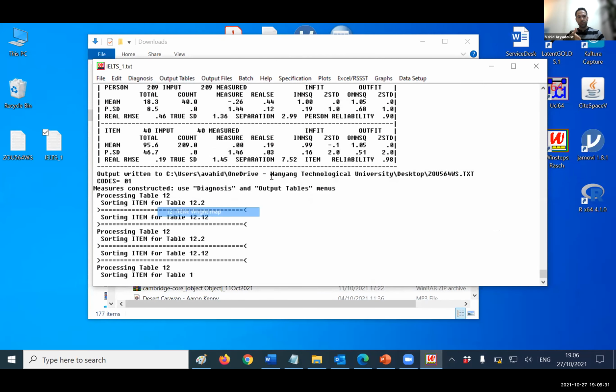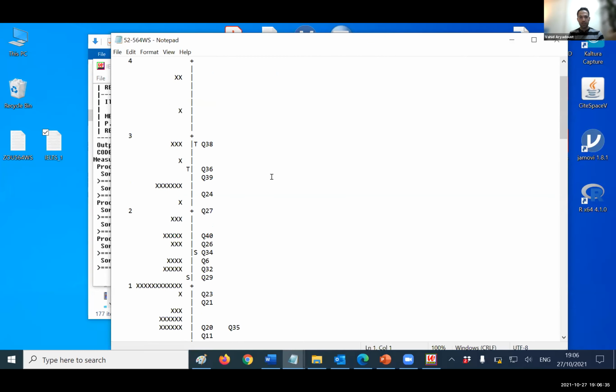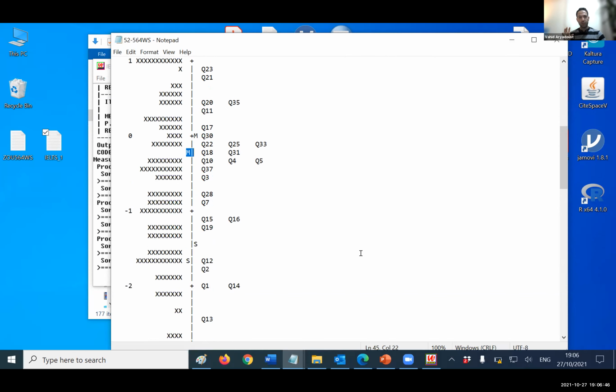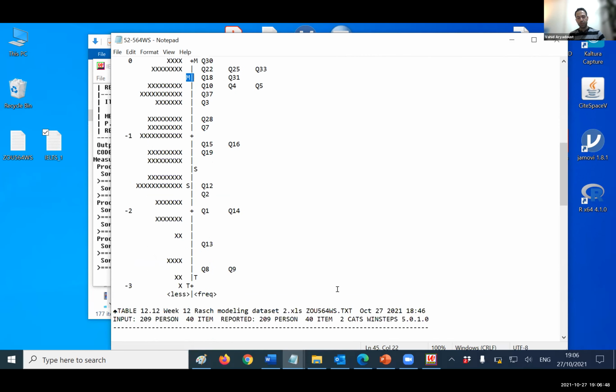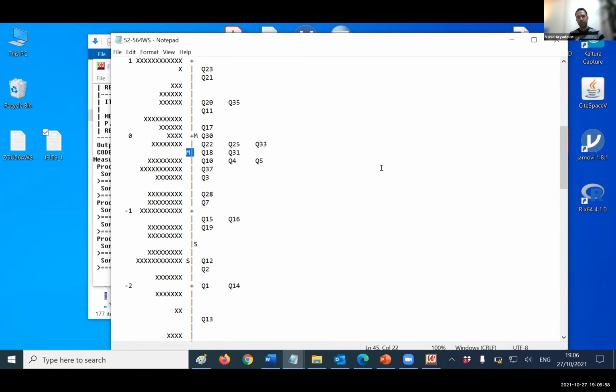There's a hierarchy of difficulty on the right side, and a hierarchy of ability on the left side. There's a mean for each side. The things that fall on top are more difficult on average. Things that fall at the bottom are easier on average. In the same way, able is at the top, less able is at the bottom. That's the most important thing that you need to take away from this map.